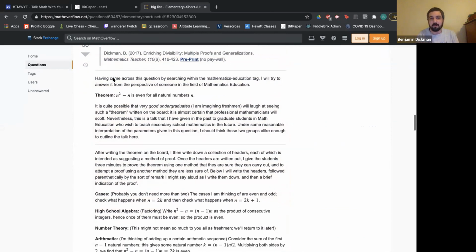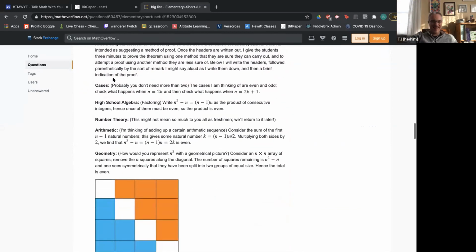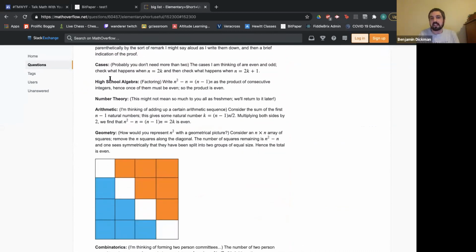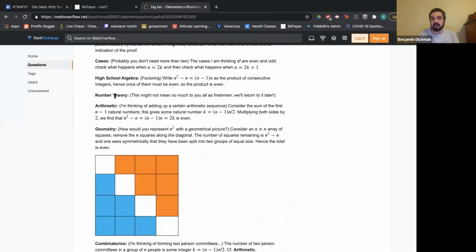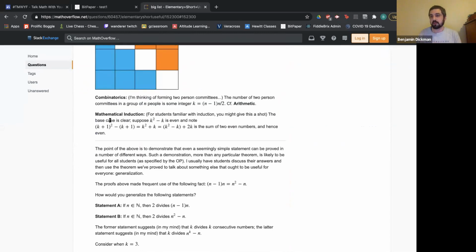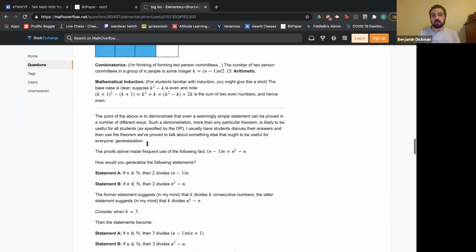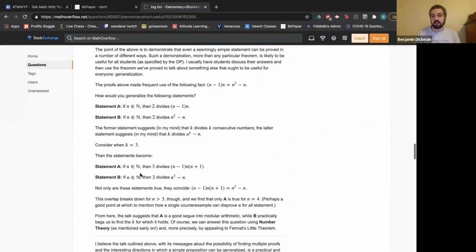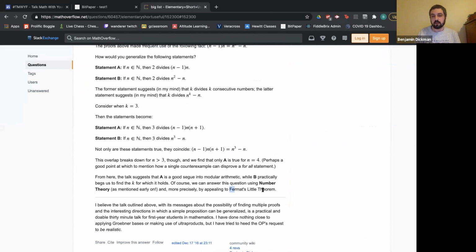Whatever. You can see the celerity with which it proceeds: cases, high school algebra, number theory, arithmetic, geometry, combinatorial proofs, induction. This is actually the original place, unsurprising to those of you familiar with MO, Math Overflow, where Joel David Hamkins originally saw this. You can see much of the content from here, including from my stuff there.